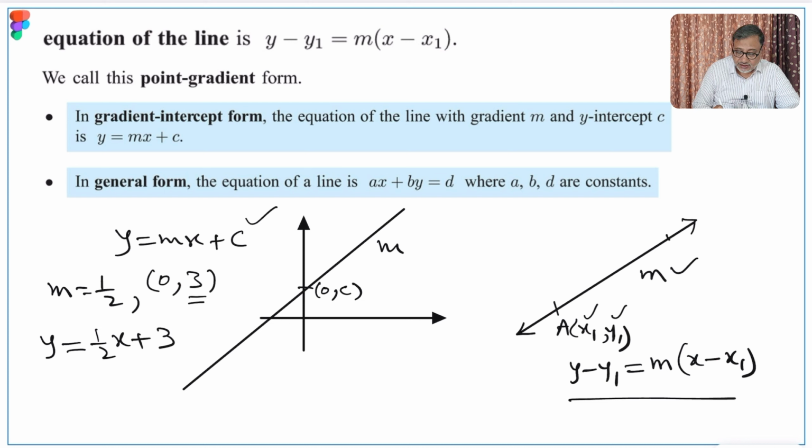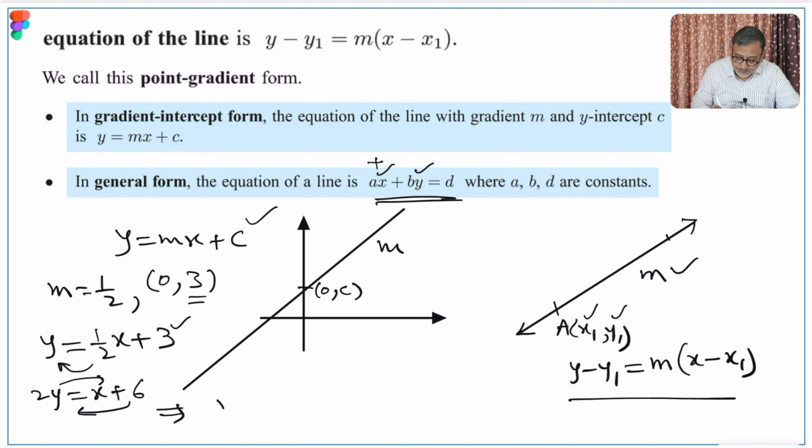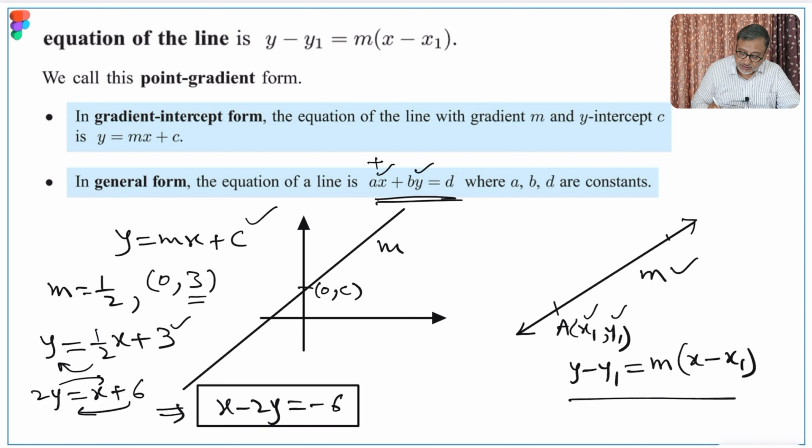So this is the gradient intercept form. Now multiply by 2, so you will get 2y is equal to x plus, multiplying this 3 by 2, 6. Then to write in general form, x and y should be on one side, the constant on the other side, and try to keep the x positive. So we'll bring y here and take x there. So this will become x minus 2y is equal to minus 6. This is the general form, right? Like this you can convert any equation into the general form.